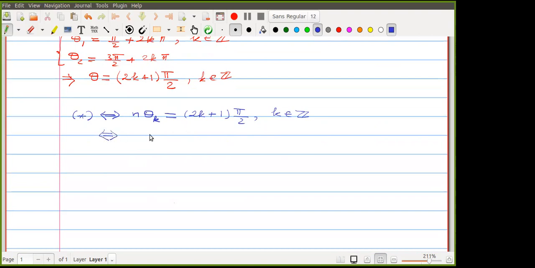So this is equivalent to the fact that theta, depending on k, will be 2k plus 1 into pi by 2n, because we are dividing by n, of course, k in Z. But now we have to impose the condition on theta, because this theta comes from the definition of cos inverse, and cos inverse is defined for theta in the interval 0 to pi.